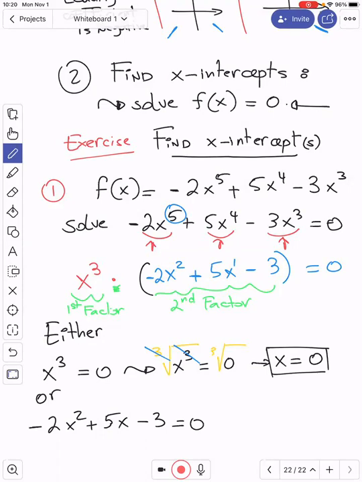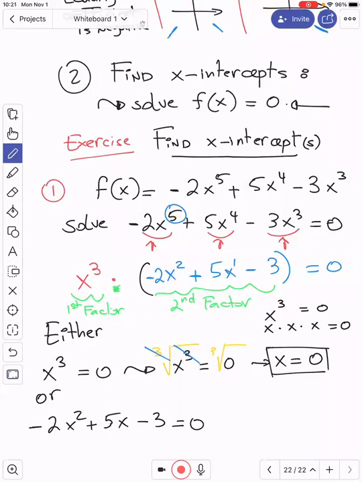So let me just say one word here, guys. You see, this is x cubed. So when I say x cubed equal to 0, x cubed is like x times x times x equal to 0, right? So it's like a product of 3 x's equal to 0. So it means that either the first x is 0, the second x is 0, or the third x is 0.